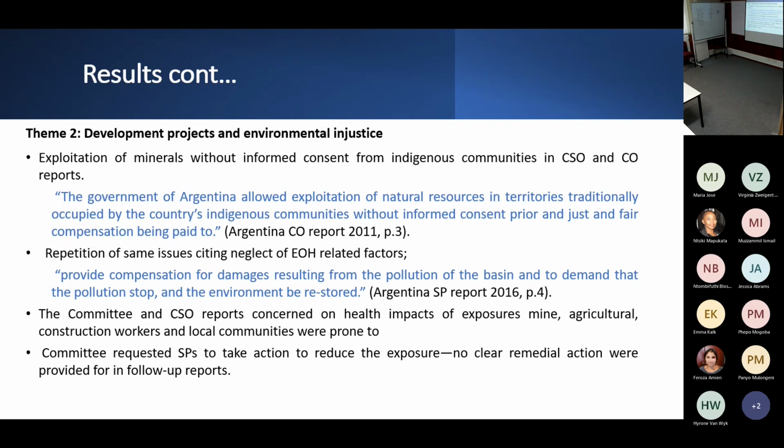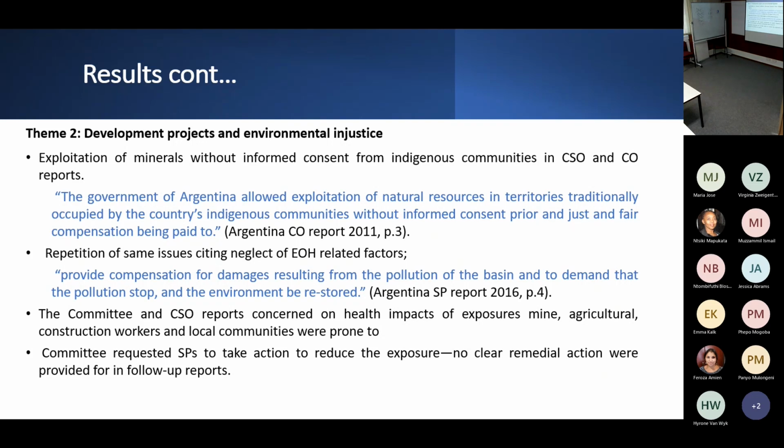So in environmental health, when we exploit resources without informing and having consent from the people who depend on these natural resources, that is environmental injustice.